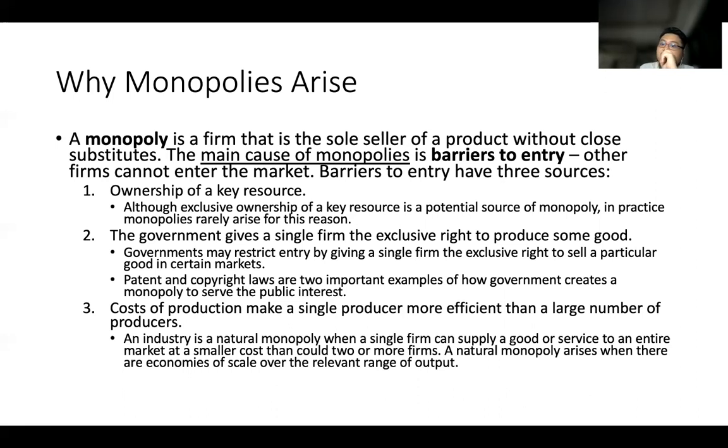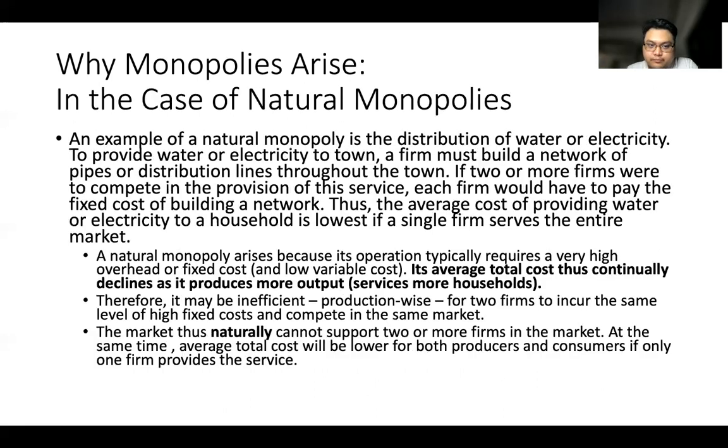A single producer has the only right to become that particular seller because it is more efficient than a number of firms producing.